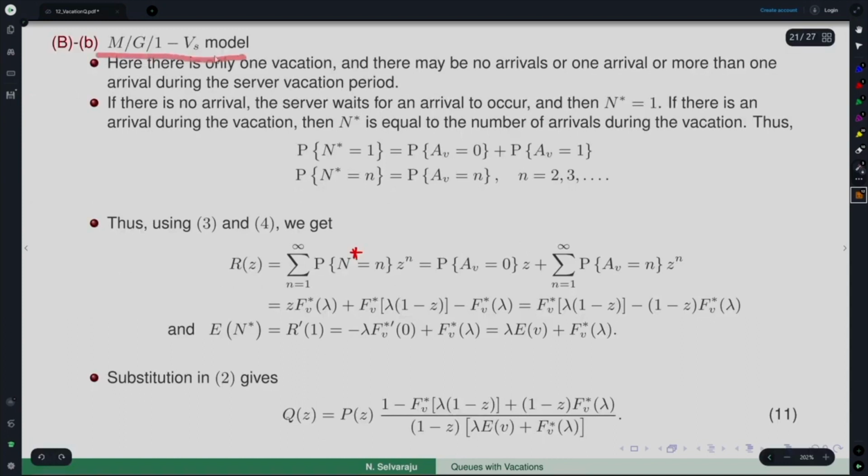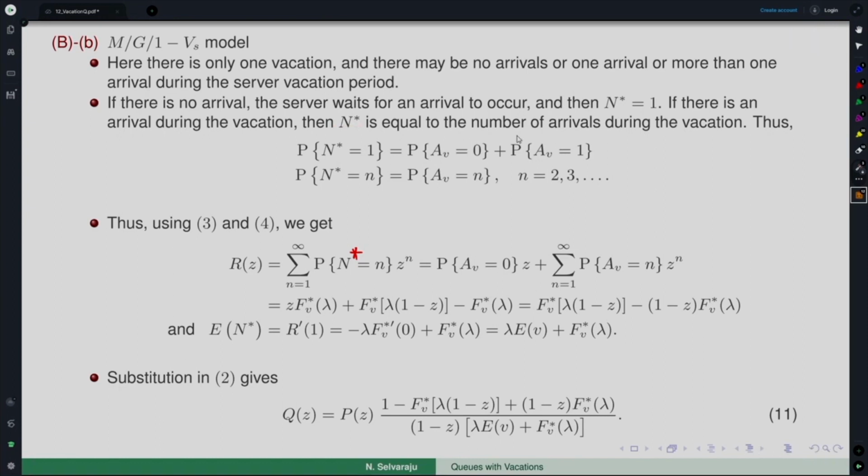Now, if I look at the case of M/G/1 with single vacation, there is only one vacation. So, there may be no arrivals, or one arrival, or more than one arrival during the server vacation period. If there is no arrival, the server waits for an arrival to occur and then N star equal to 1 it becomes. If there is an arrival during a vacation, then N star equals the number of arrivals during the vacation.